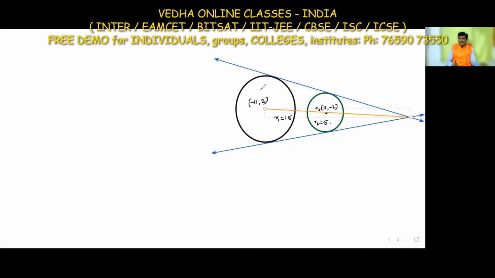Okay, so here what he is asking is the equation of direct common tangents. To find the direct common tangents, we have to find the external center of similitude.